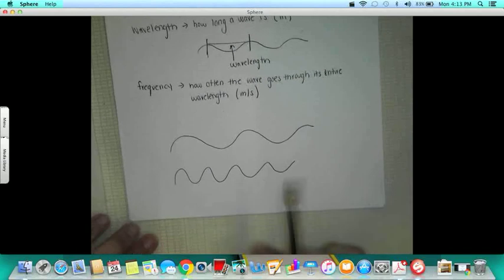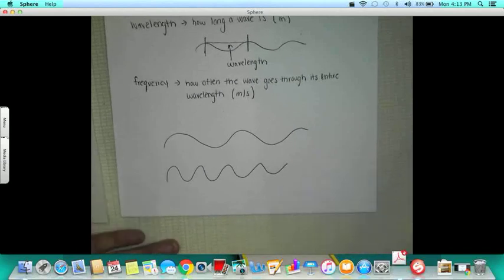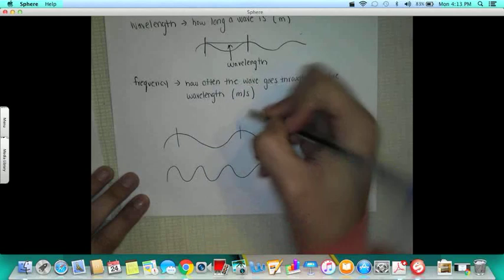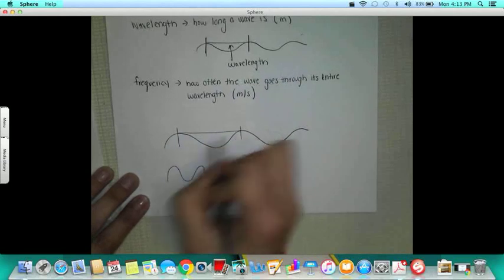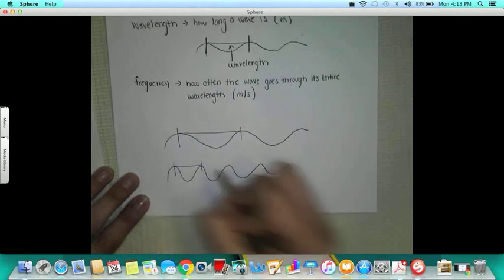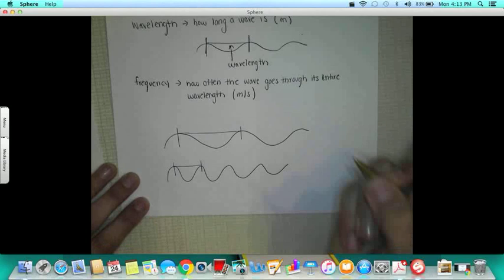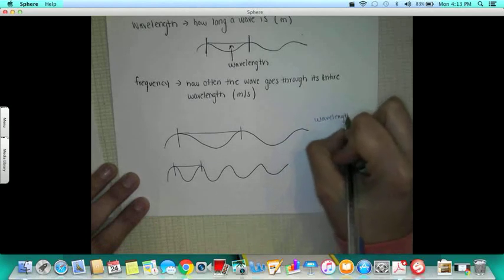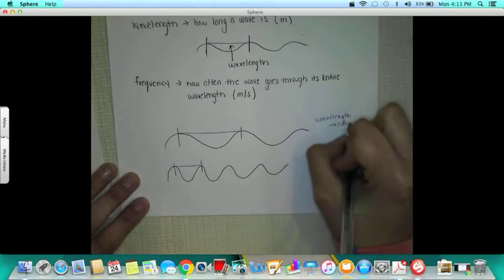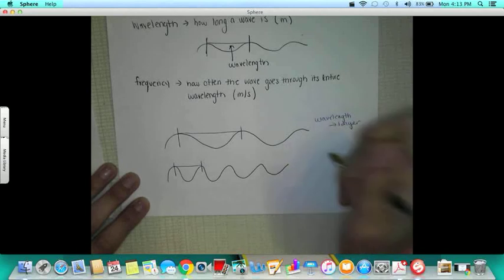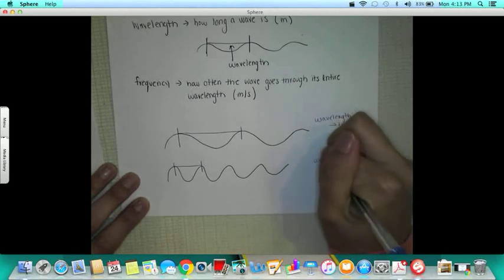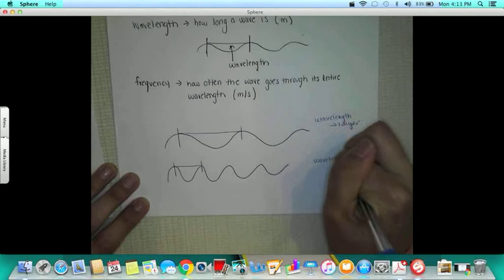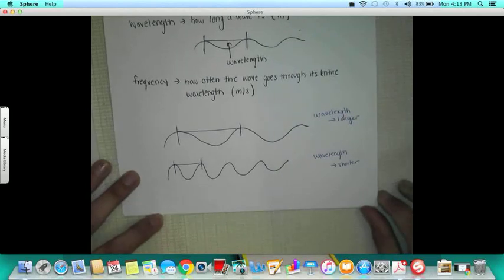So here I have two different waves set up for you. When we look at this first wave, this right here is going to be our wavelength, and this right here is going to be our wavelength. So we would say that the wavelength is longer for the first one, and the wavelength is shorter for the second one.